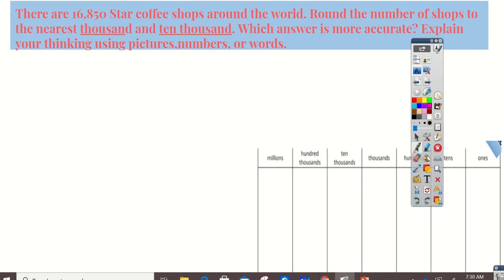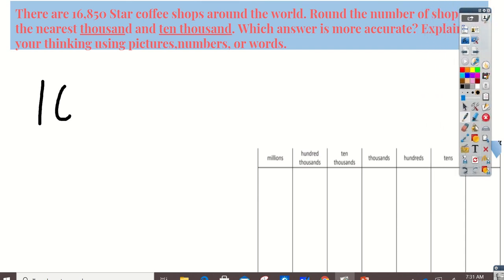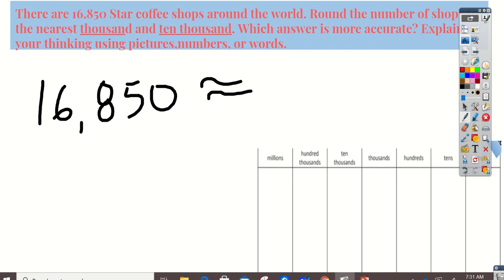Well, let's go ahead and use our strategies. I did add a place value chart at the bottom in case you needed to see where exactly those units are. And now I'm going to rewrite 16,850. I'm going to start by rounding it to the nearest 1,000. And of course, this symbol means that the number is approximately that much.